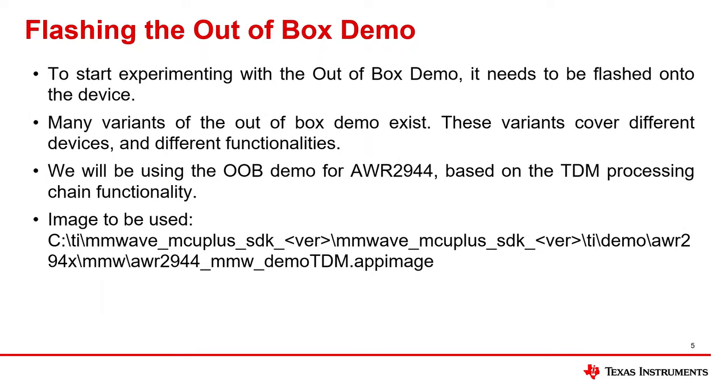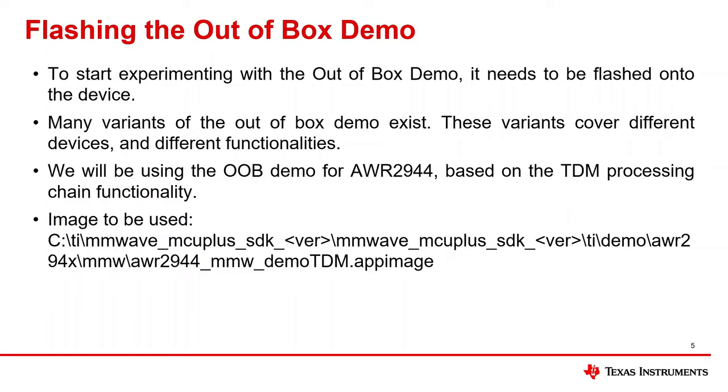To begin experimentation with the OOB demo, we need to start by flashing it onto the device. Now, there are many variants for the out-of-box demo, and these variants depend on the devices being used and the particular functionality being tested.